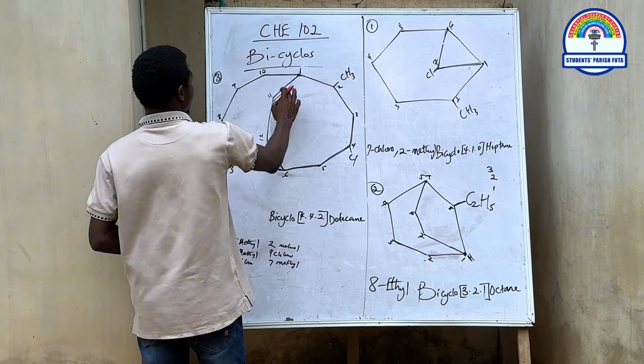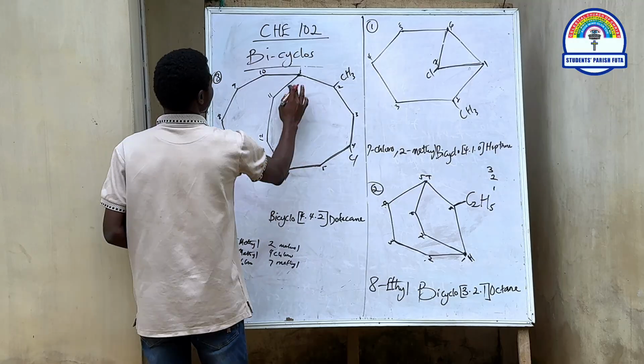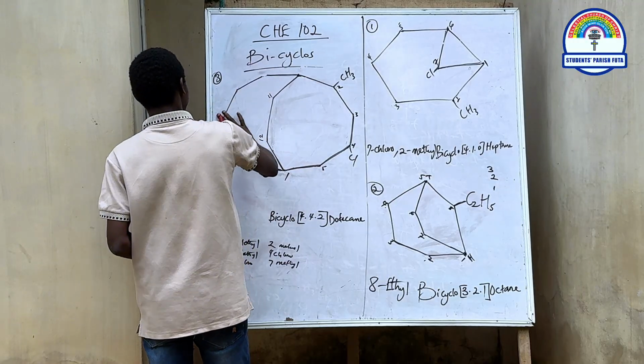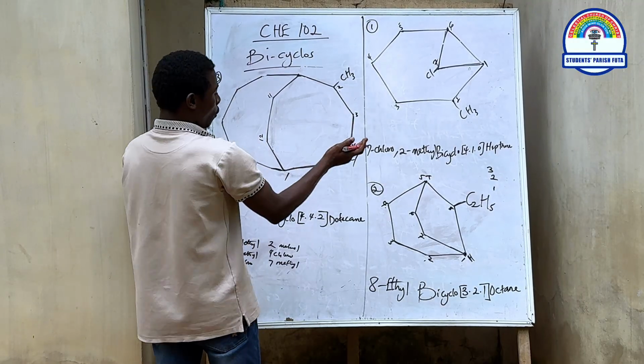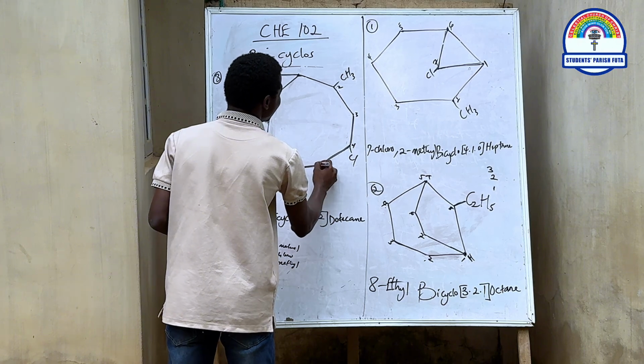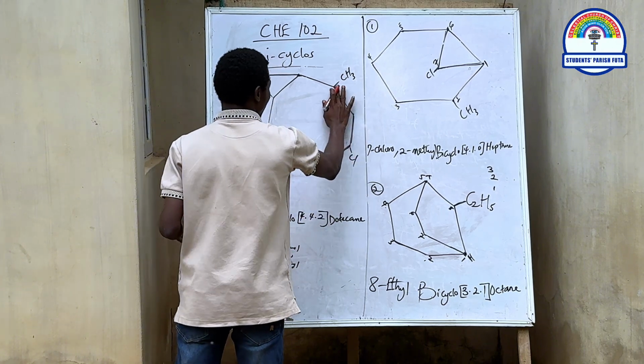Another way you could have gone is making this one 1 now, so this one has different positioning. Why? Because you have 4, 4, so you can take any of the rings on the left and right first.